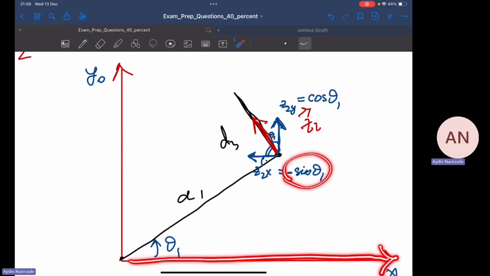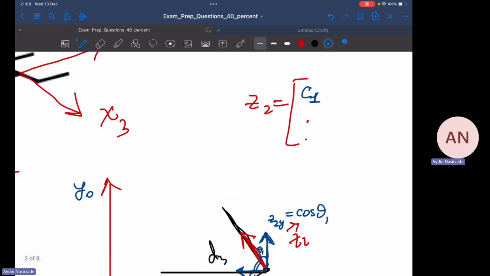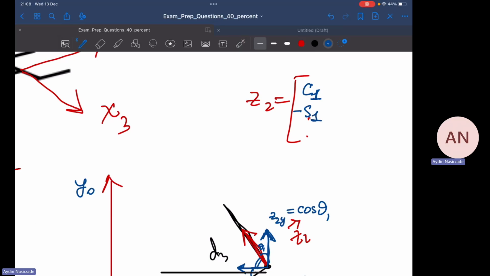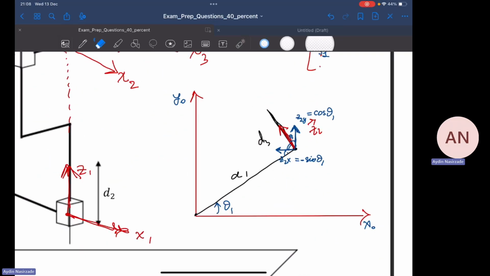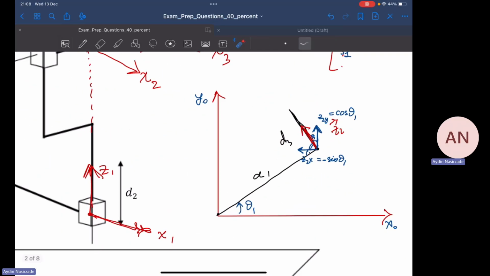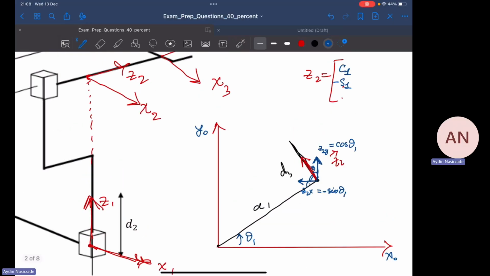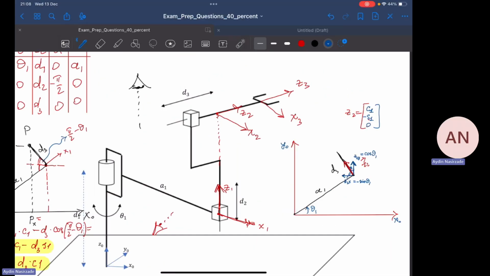That's why minus sine of theta 1 is my answer. What about the projection of this axis, Z2, along the Z0 axis? Z0 is directed towards me, right? So of course, its projection is going to be 0. The projection of Z2 along the Z0 axis is going to be 0.